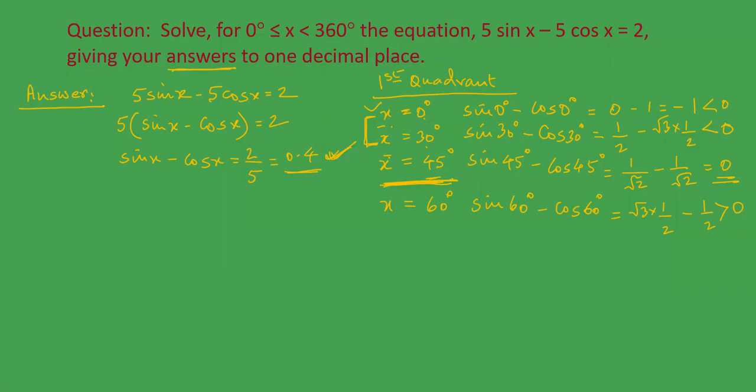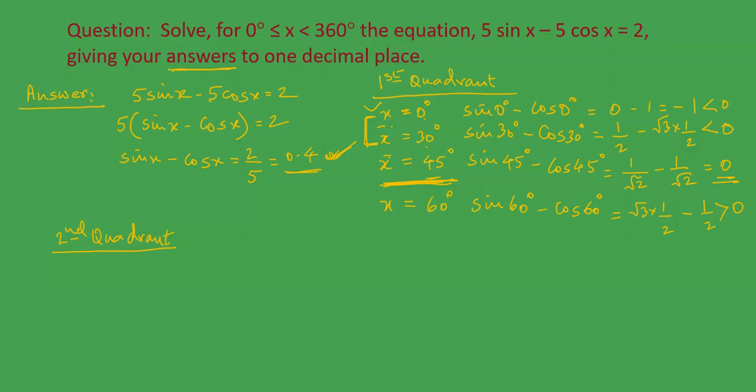If I write the second quadrant over here, the second quadrant behavior. In the second quadrant, that is for all obtuse angles, we know that sine of any obtuse angle is positive and cos of any obtuse angle is negative.